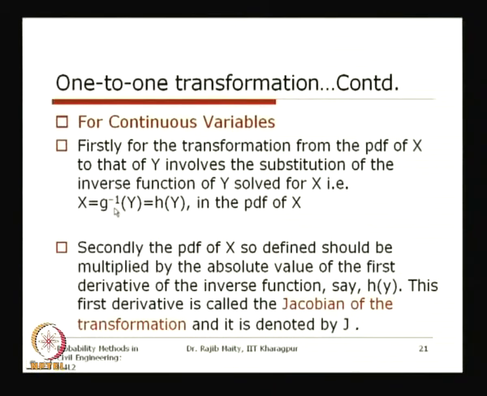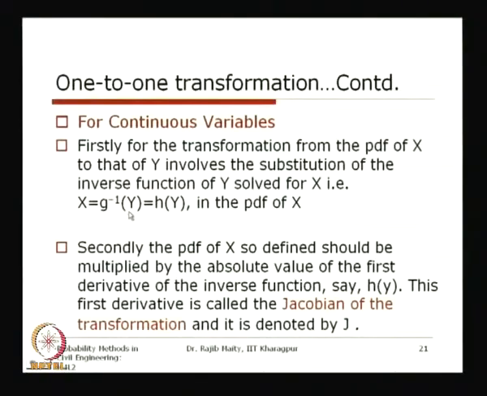So, we have to substitute x in terms of g inverse y, exactly what we did just now for the discrete random variable example. Secondly, the PDF of x so defined should be multiplied by the absolute value of the first derivative of the inverse function, say h of y.